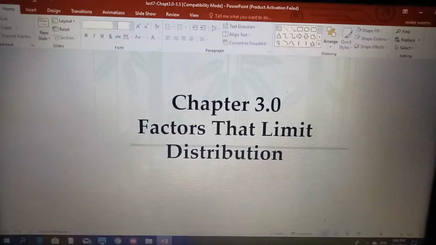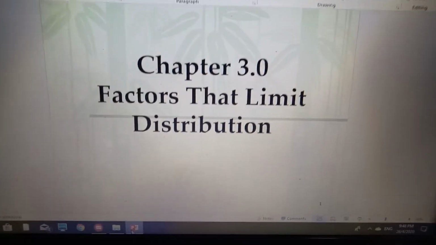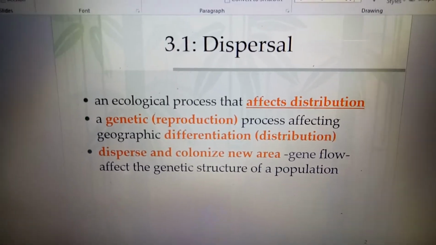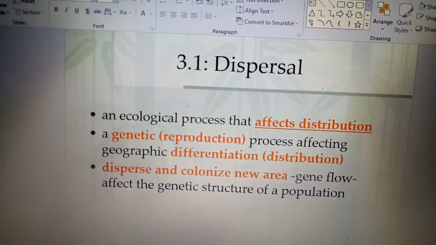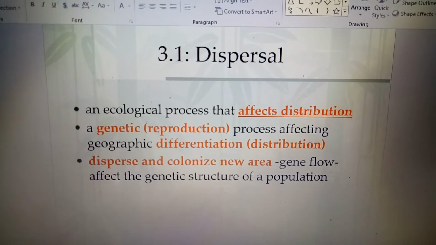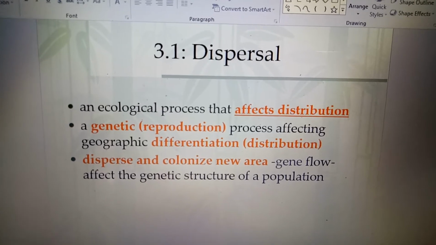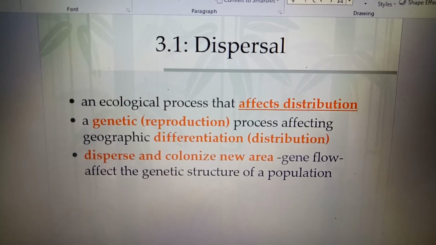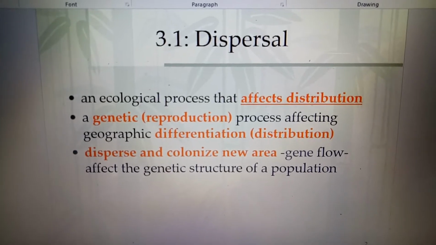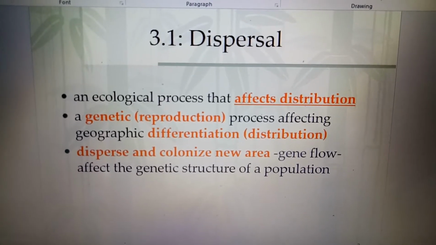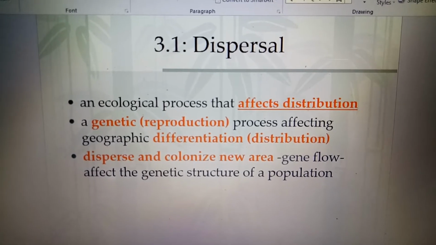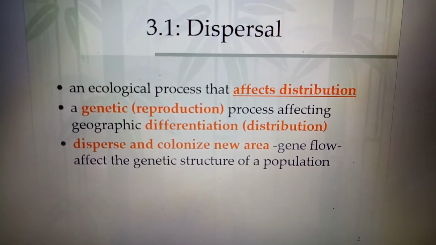Okay, we move on to the slides. This is an introduction to dispersal. Dispersal is an ecological process that affects distribution, and it is related to genetics and reproduction, and to geographic differentiation through distribution.